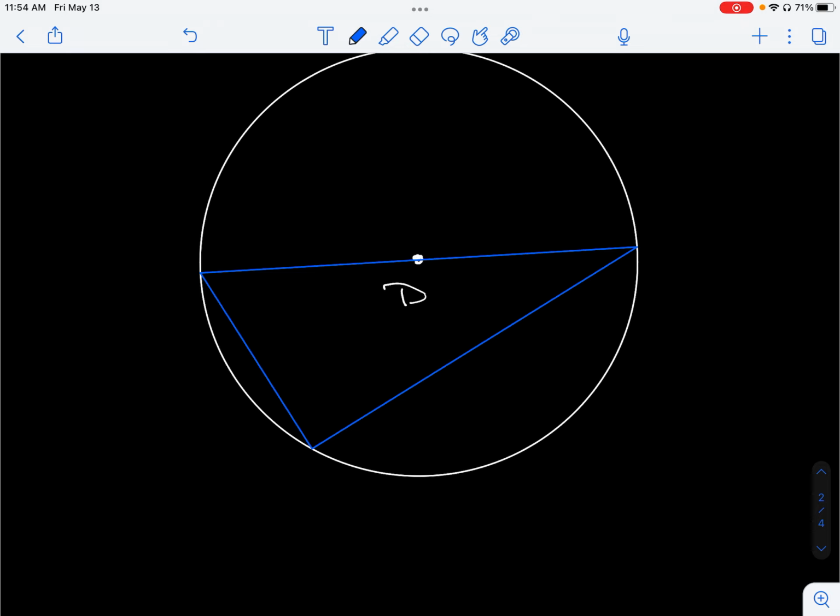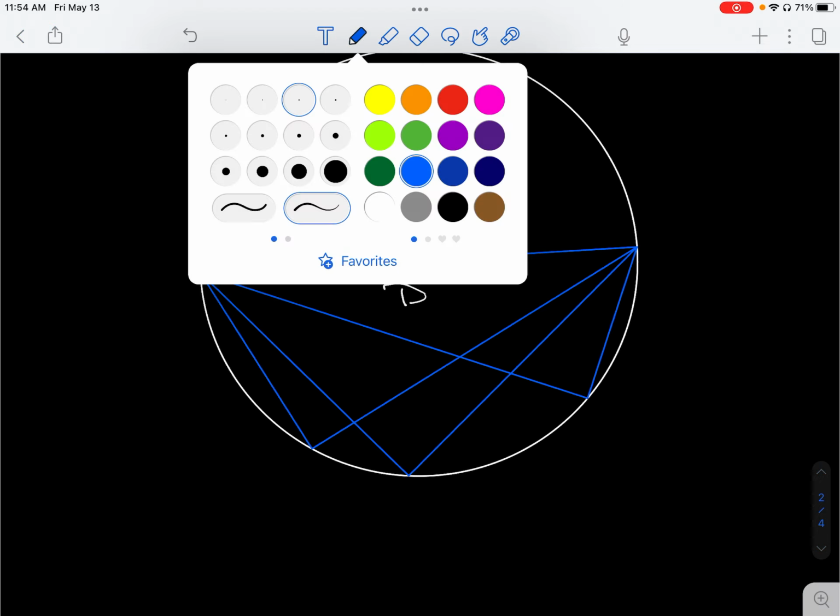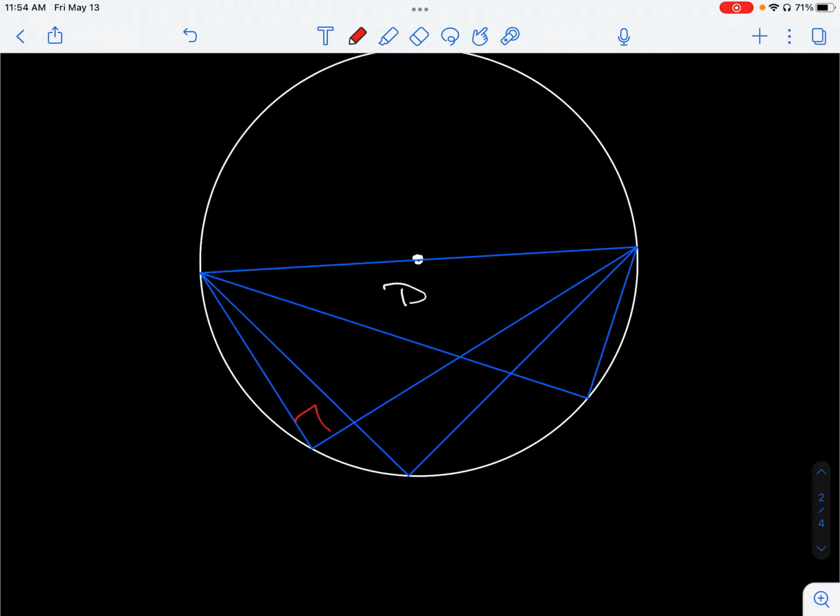And it does not matter where the triangle is drawn, where the other two sides are.